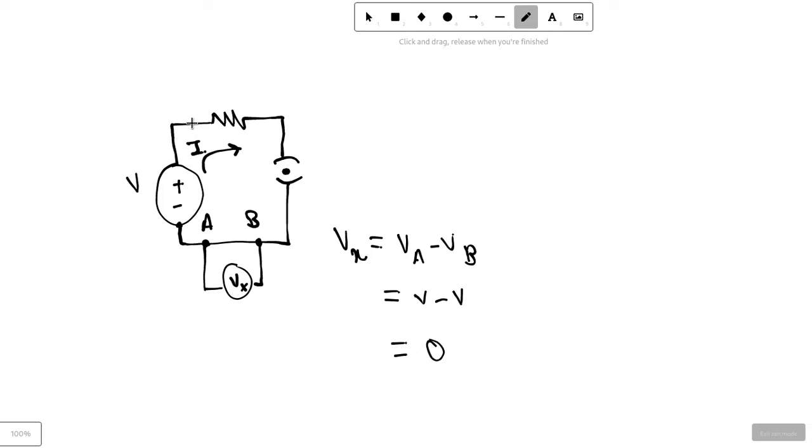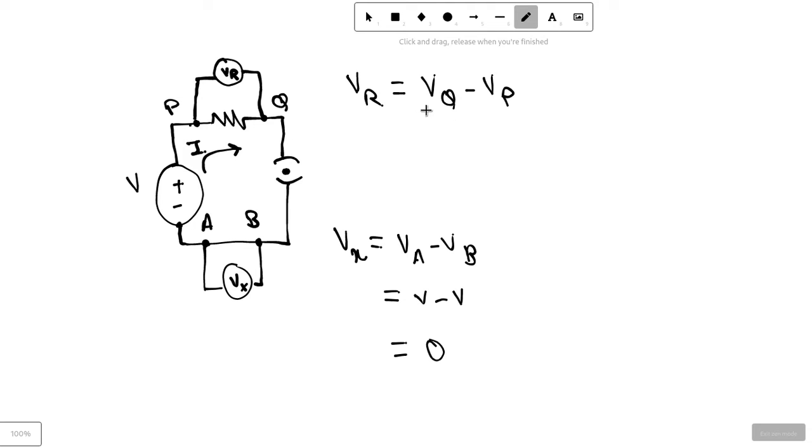If we do the exact same thing across a resistor, let's call the points P and Q and join a voltmeter here, V of R. Then V of R will be the voltage at Q minus the voltage at P. Now what we find is that there is a certain potential drop on the resistor.